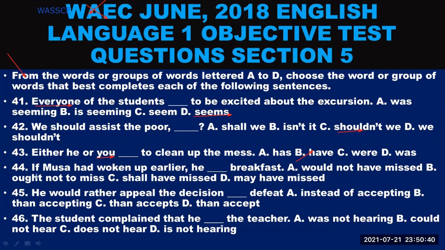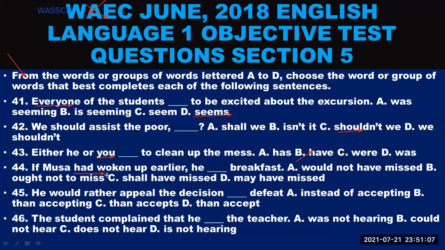Question number 44. If Musa had woken up earlier, he dashed breakfast. Again, this has to do with the use of tenses. We have to understand that this is a past, and in sequence of tenses, a past tense in the main clause requires a past tense in the subordinate clause. So this is the subordinate clause.